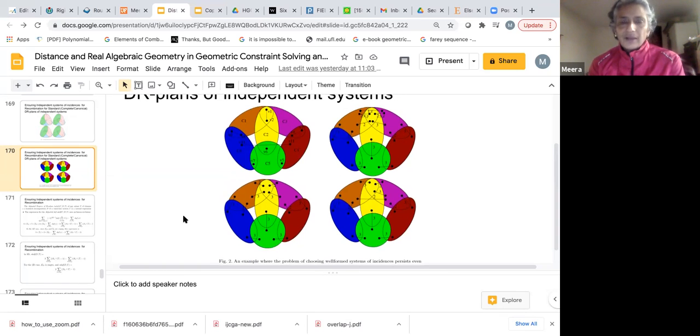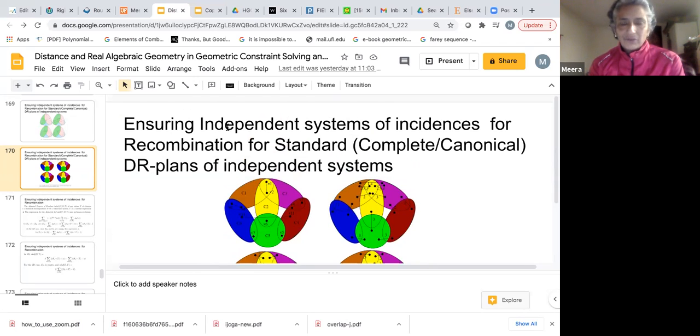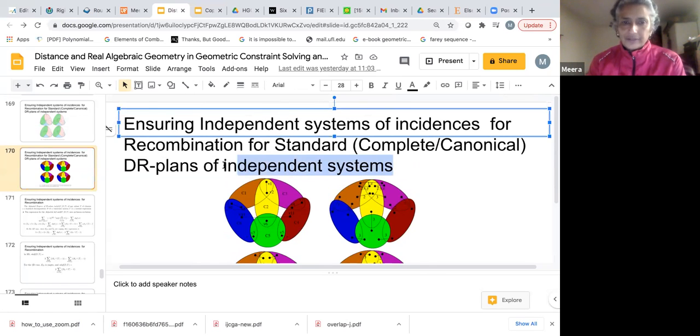Now I just want to recall that what we're looking at is, we're starting out with something that someone promises is an independent system. What they gave you was a system of distance constraints that was independent. And then you formed the DR plan, as we showed in the previous slides.